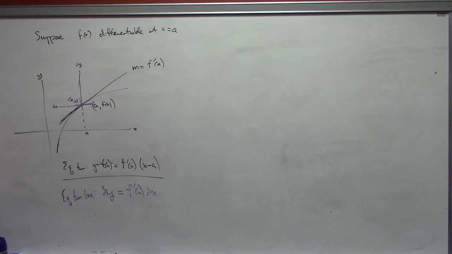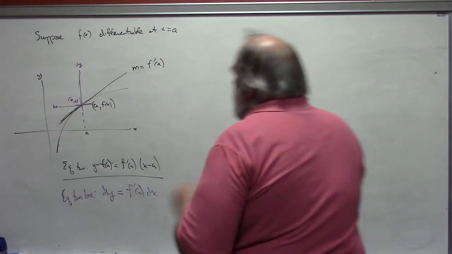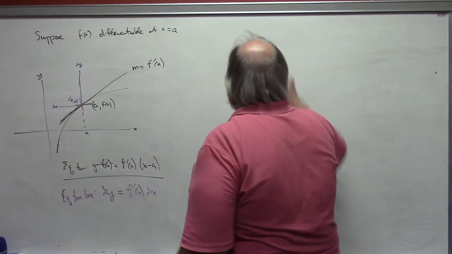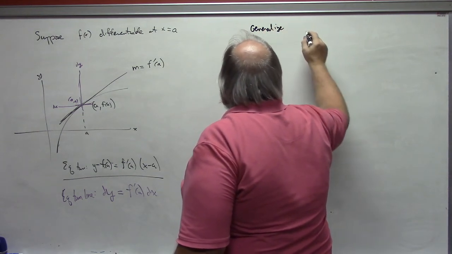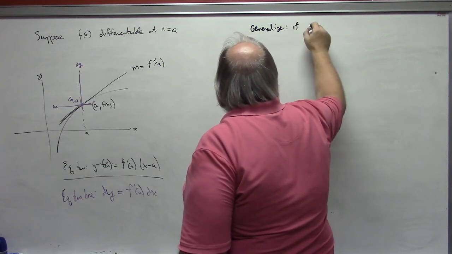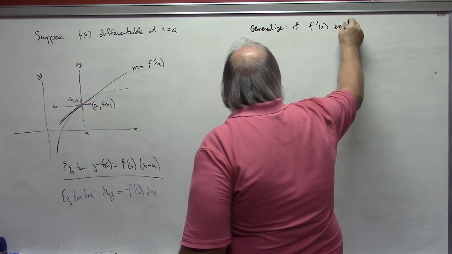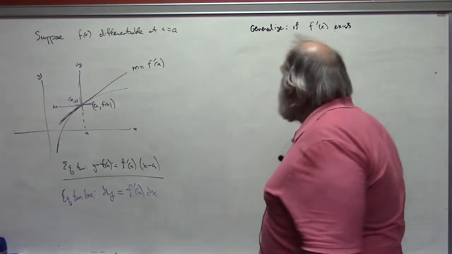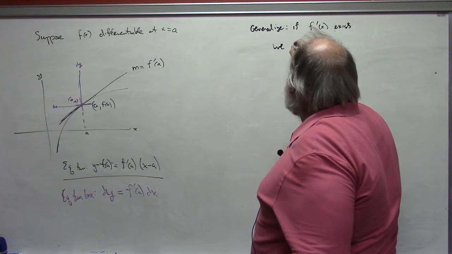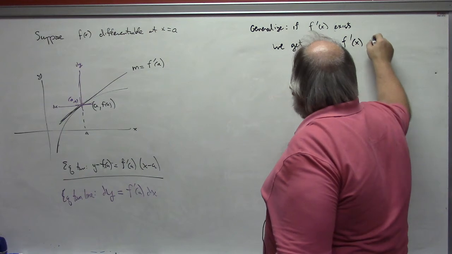And we can consider this in general. It doesn't have to be for a specific x equals a. We can generalize this for any place where the derivative exists. If f prime of x exists at some specific x, then doing the same process, we get dy is equal to f prime of x dx.